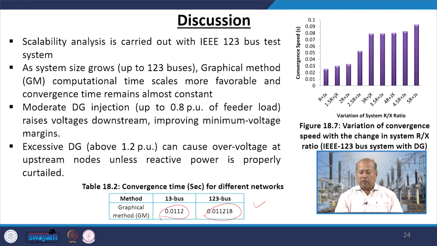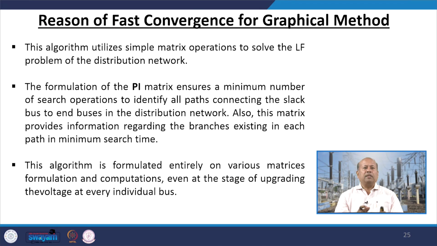So this system has been validated with different X/R ratios. And what is the reason for fast convergence? The reason for fast convergence of the graphical method against the conventional method is that this algorithm utilizes simple matrix operations to solve the load flow problems of the distribution network.